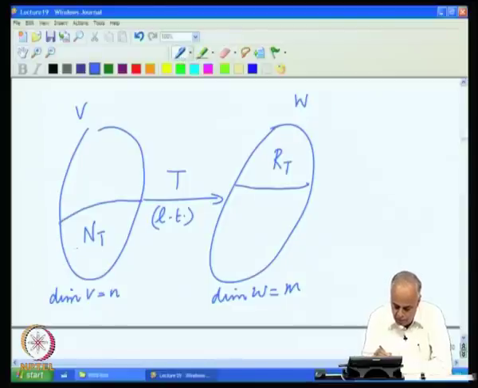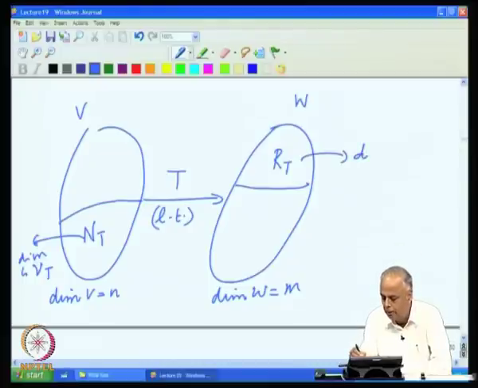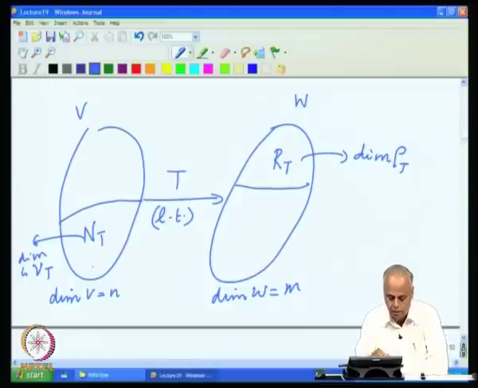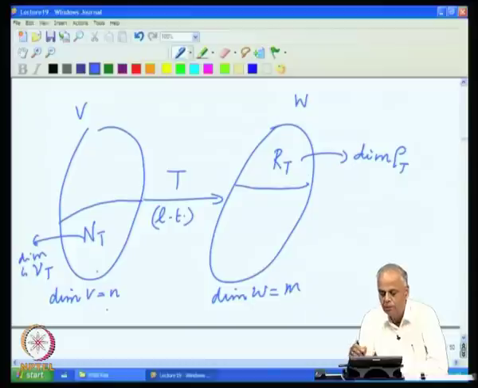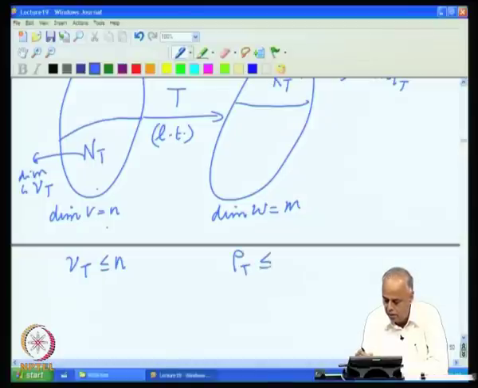So, its dimension is nu T, and here the dimension is rho T, and nu of T is less than or equal to n and rho of T is less than or equal to m.